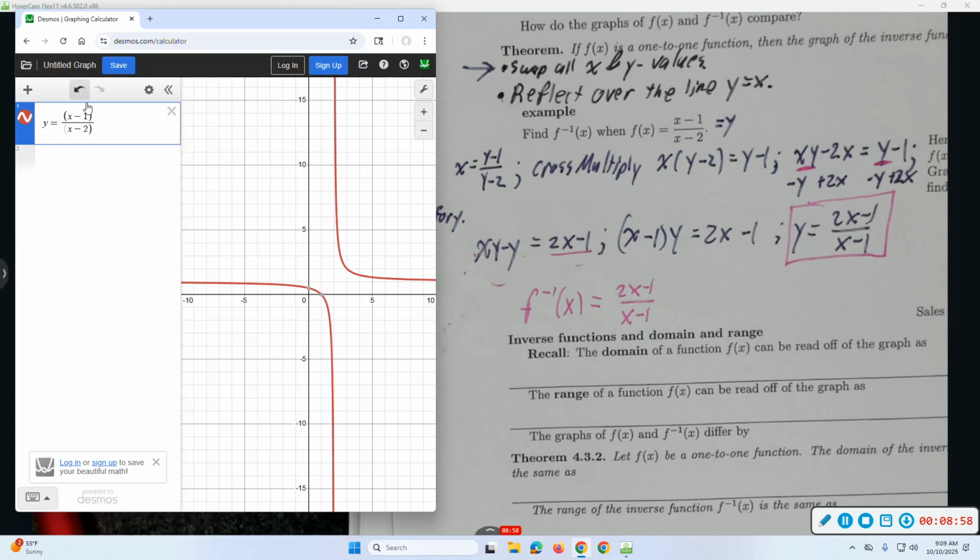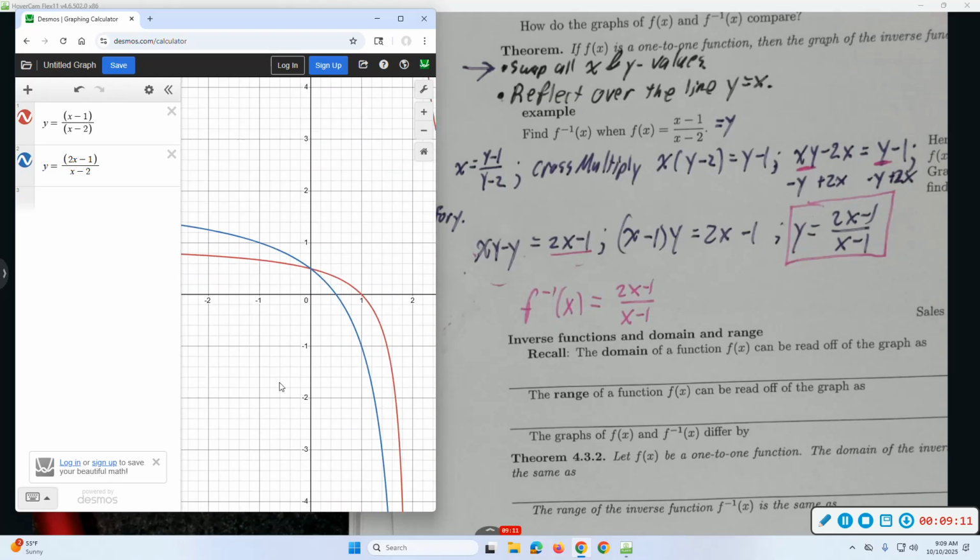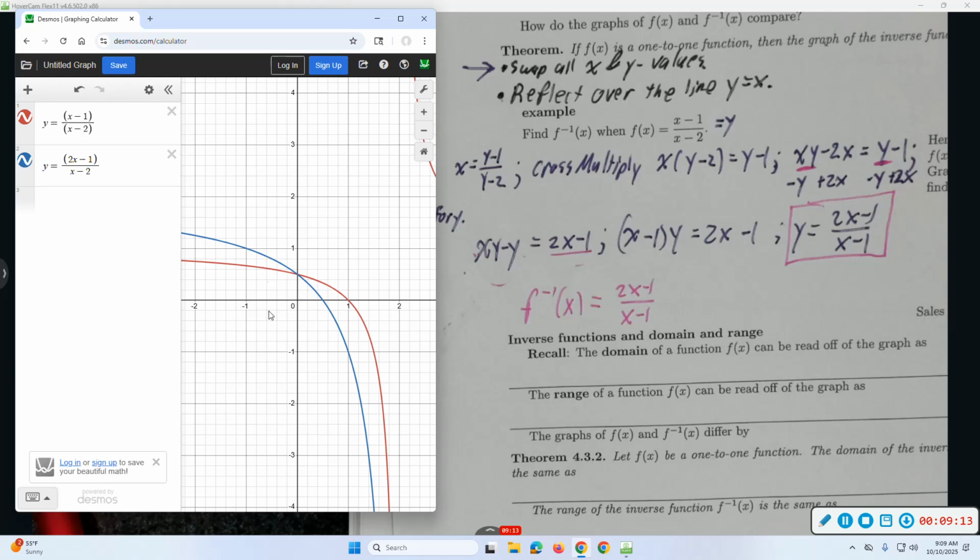So there's the function we just graphed. Let's also graph this alleged inverse function. And let's just eyeball that for a moment. After I correct it. Do these things look like they're the same?